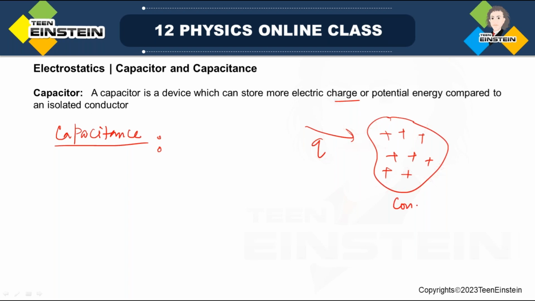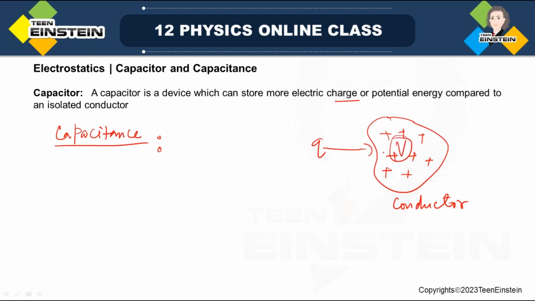So this is a conductor, and I'm just putting some charge Q onto it. That's how it got a charge, and the charge got uniformly distributed.